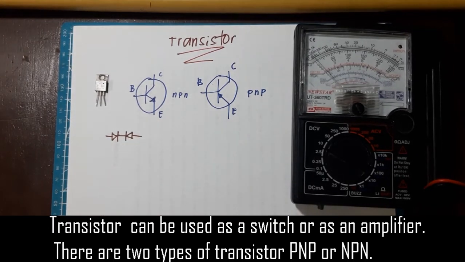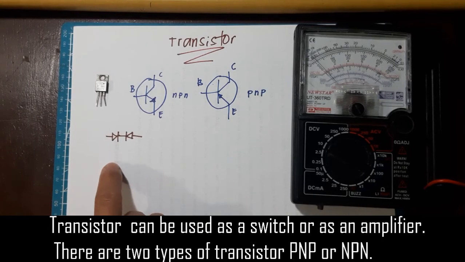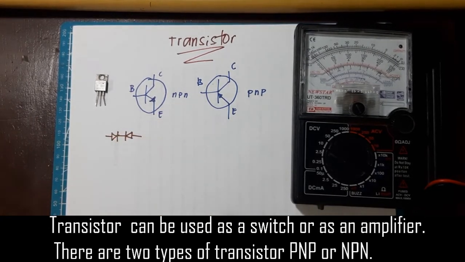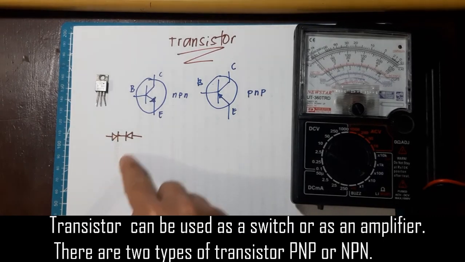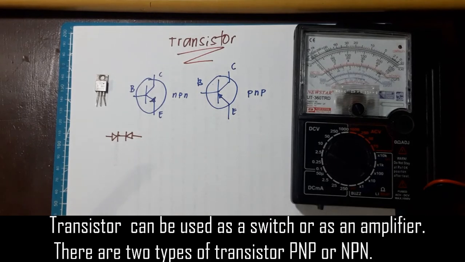You remember that during our discussion on diodes, if you apply a positive voltage potential here and a negative potential here, it will create forward bias, so turned on, and the other one is turned off.